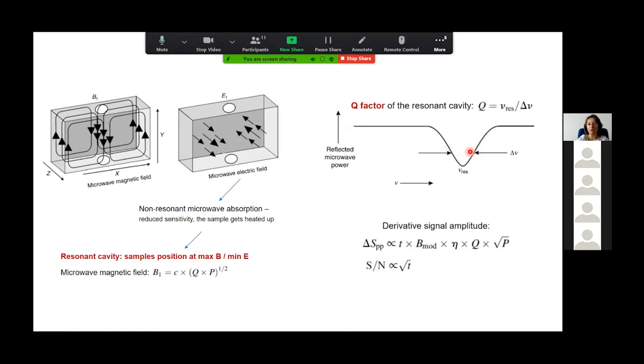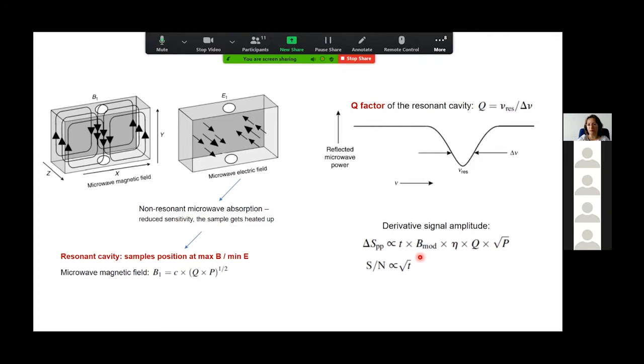The signal amplitude also depends on the Q factor, on the microwave power, on the modulation amplitude, on the recording time, and also on the filling factor, which depends on the sample volume. So for each sample, you have to optimize the volume.